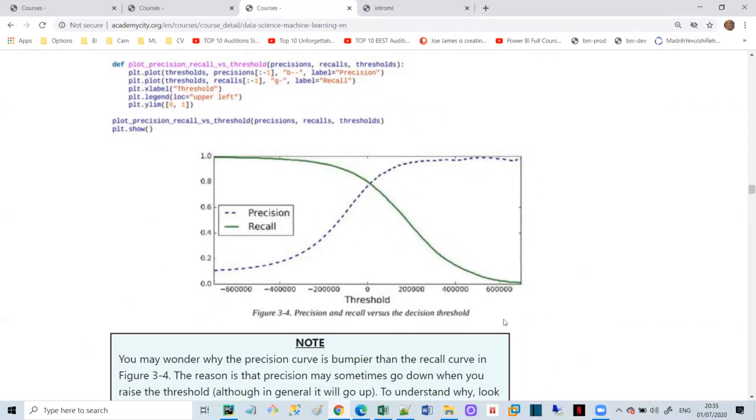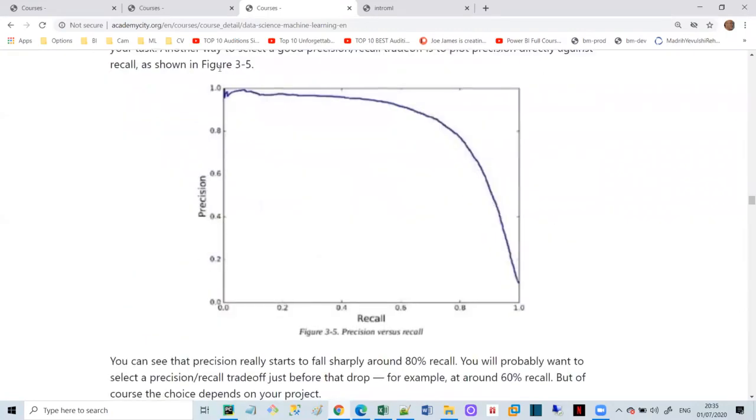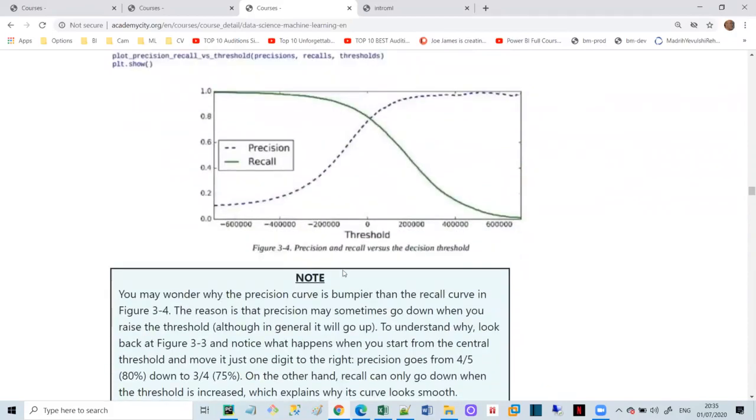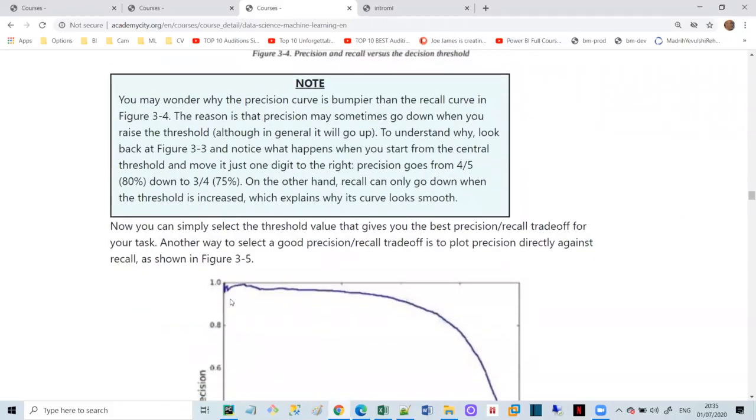You can take this picture and convert it to another picture, which is like that. You can see here, the higher the recall, the chart shows you that the precision will be lower. So if the precision is very high, the recall will be very low. That's equivalent to this one. If our precision is high, the recall is low. That's really relevant to this one.